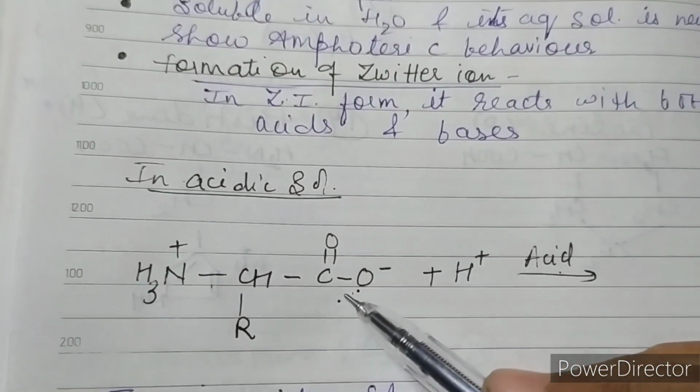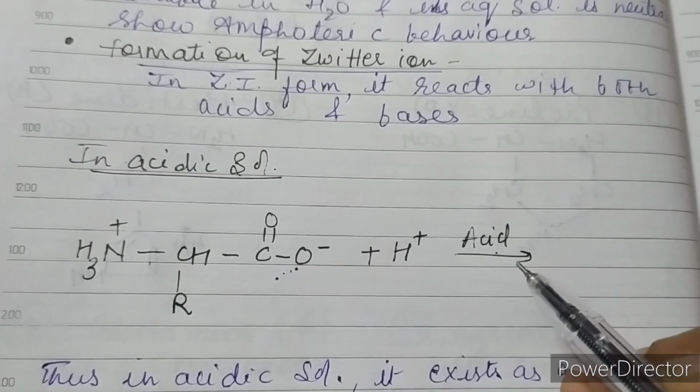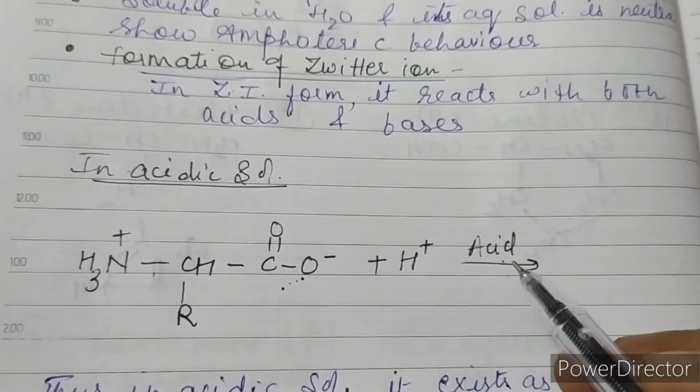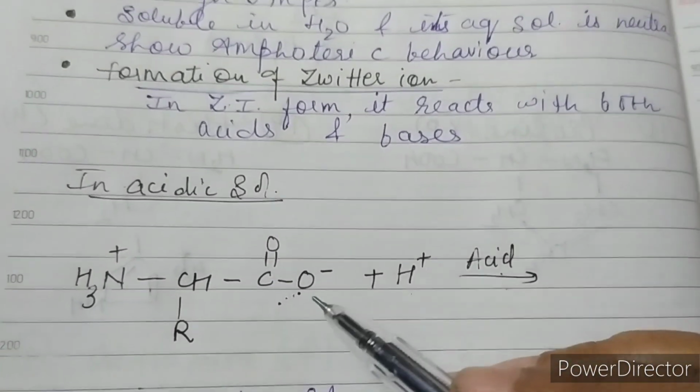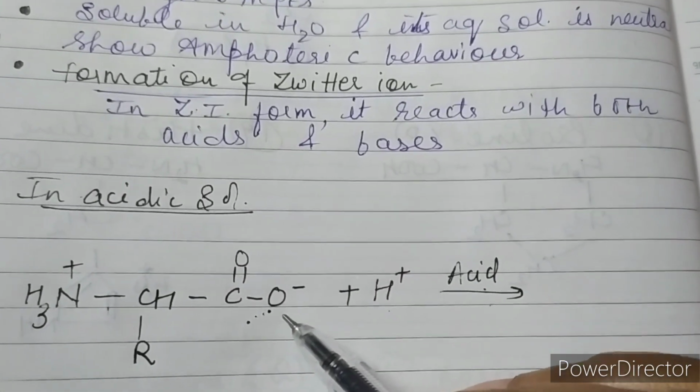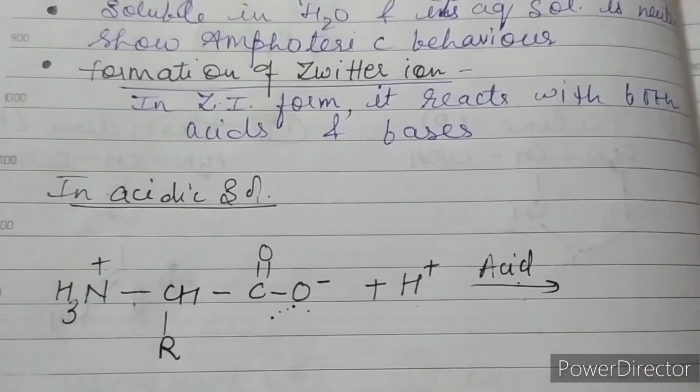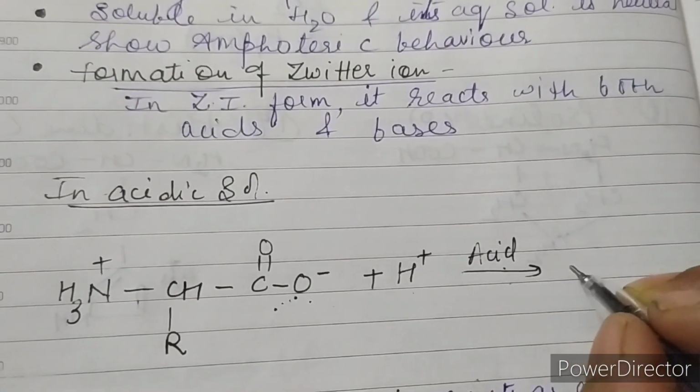I have already written the formula of amino acid, and if you react with acid, then in acidic solution it will take proton, and this carboxylate ion will accept this proton from the acid and will form a structure like this.